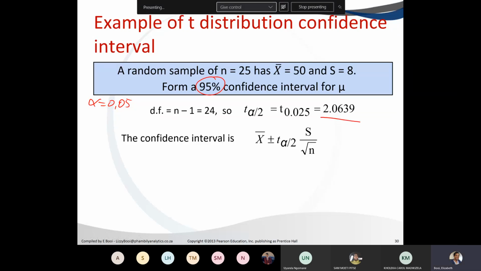So go to the confidence interval: our mean plus or minus our critical value times the standard error. Our mean is 50, critical value 2.0639, our s is 8, our n is 25. Substitute into the formula and then calculate.